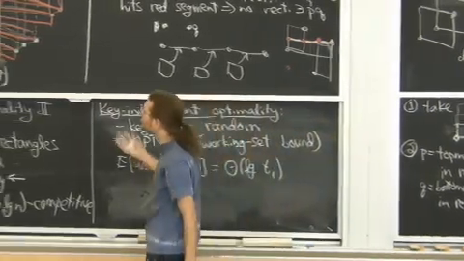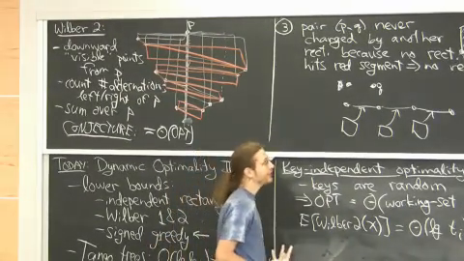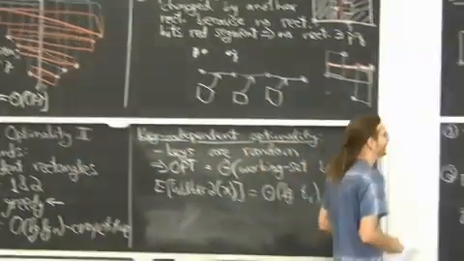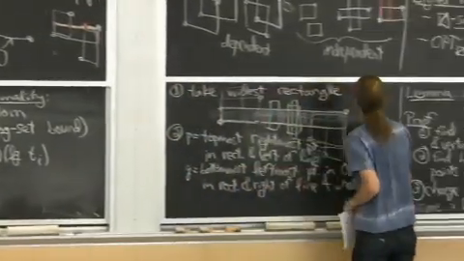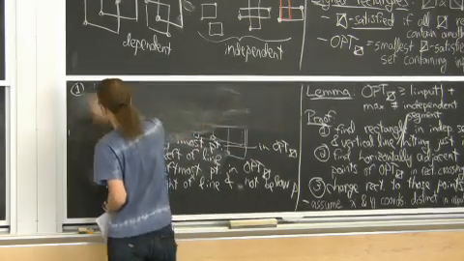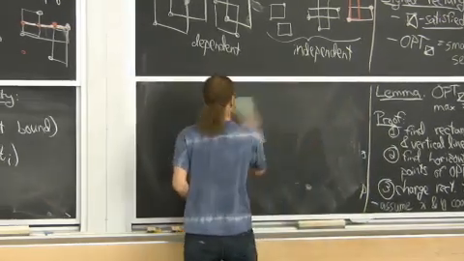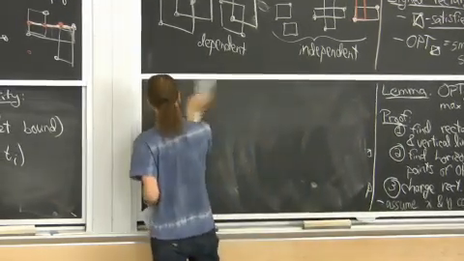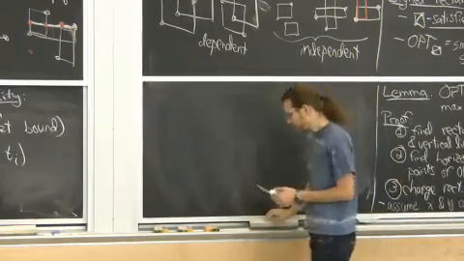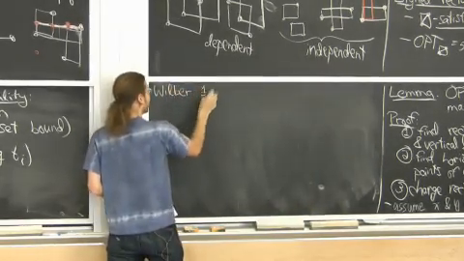That's unfortunately all we know what to do with Wilber 2. But there's this other bound, Wilber 1, which seems less good, yet we can do a lot more with it. It's a lot easier to analyze algorithms with respect to Wilber 1.